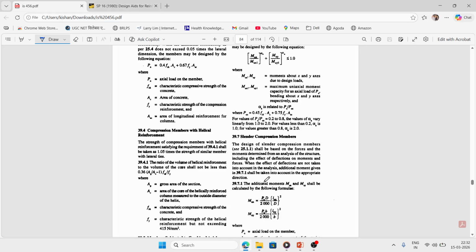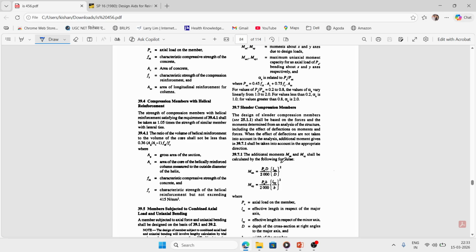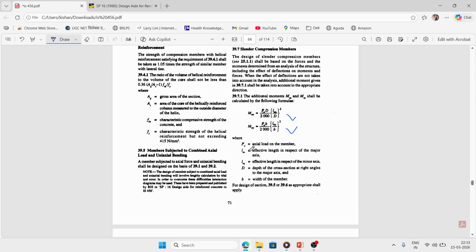So slenderness, compression member, the additional moments MUX, MUY shall be calculated by the following formula. You have to find out the additional moment using this formula. Okay, here what is PU? PU is the axial load of the member. LEX is the effective length in respect of the major axis. LEY is the effective length with respect to the minor axis. In both cases, we just got 6.0.